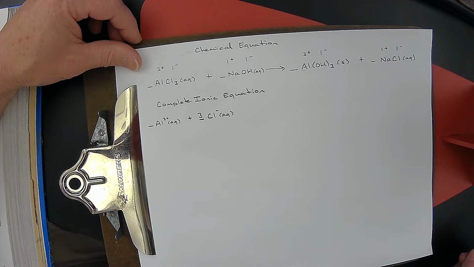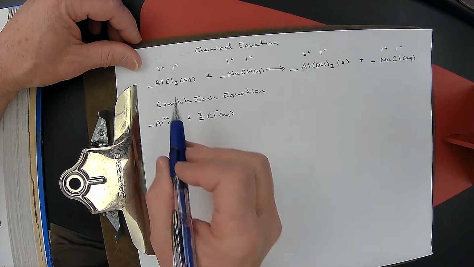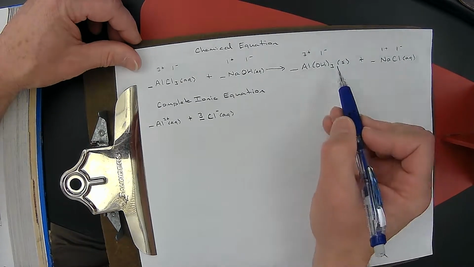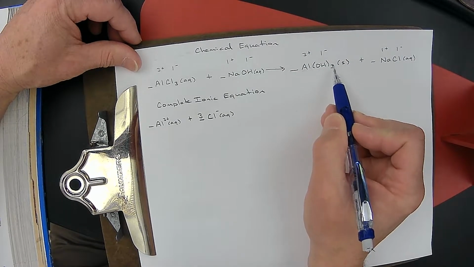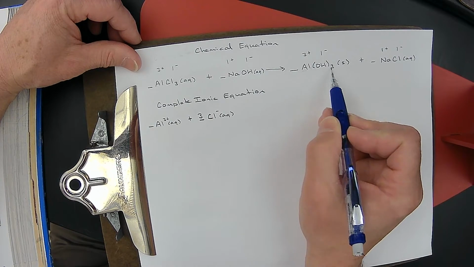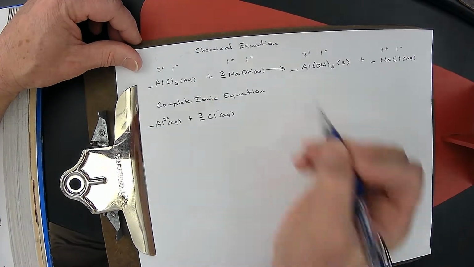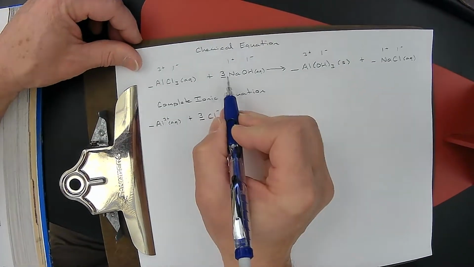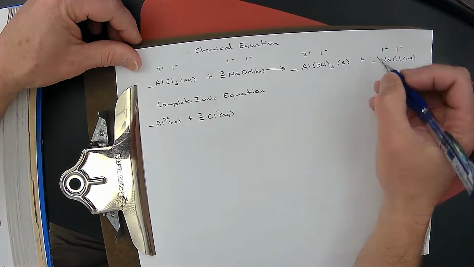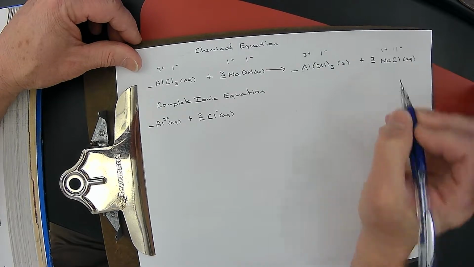those. This also reminds me, and there's been a couple things that I've made mistakes on as I've gone through, that I forgot to balance the original equation. There's 3 OHs over here, so I need to put a 3 here. That gives me 3 Nas, so I need to put a 3 here.